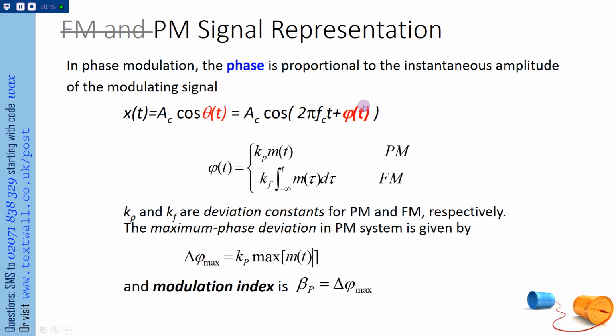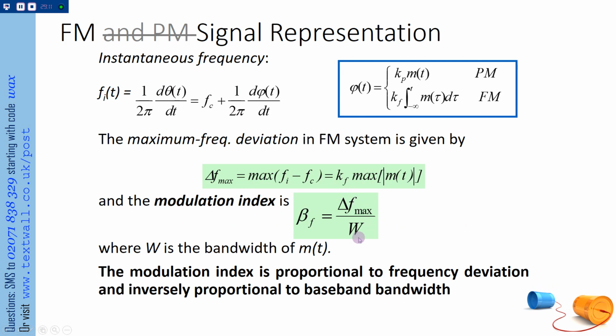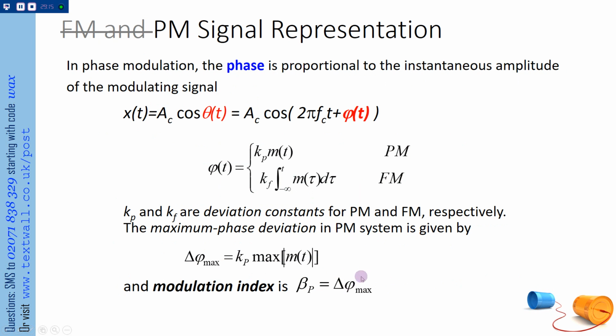And delta phi is the maximum value of the difference between the original phase and the phase with this added phi of t. So the modulation index for PM is just delta phi. We don't need to divide it by anything. Compare that with FM, where it's delta F over the baseband bandwidth, W. Here it's just delta phi.